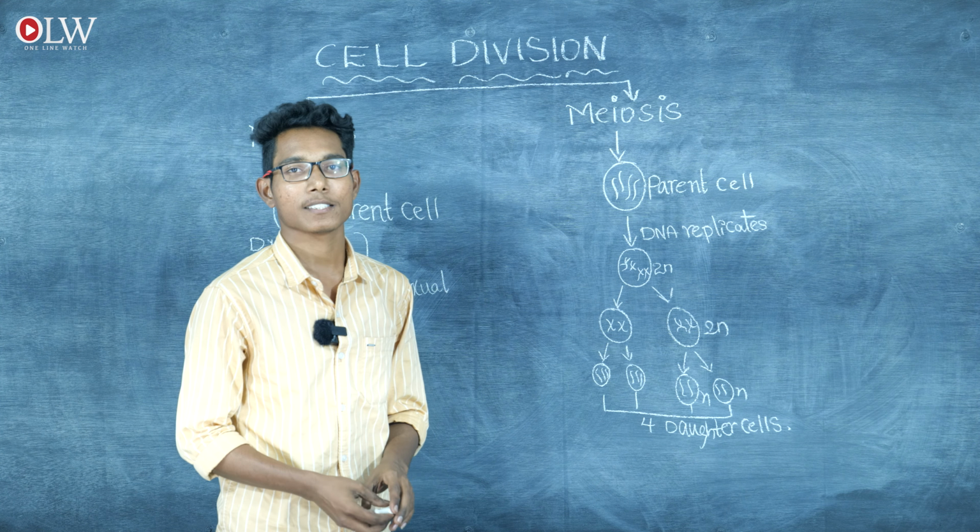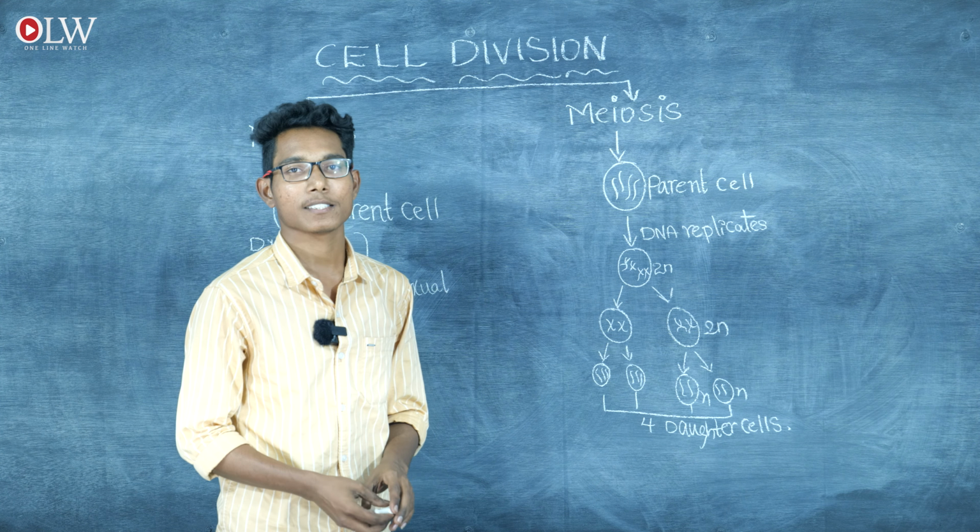Then coming to meiosis, it involves the egg cell and the sperm cell, which undergo sexual reproduction. From the parent cell, the DNA starts replicating to the daughter cells. The daughter cells are again divided into two identical daughter cells.